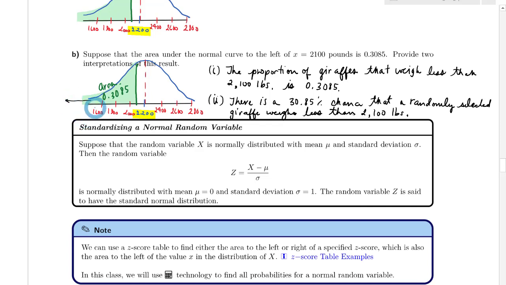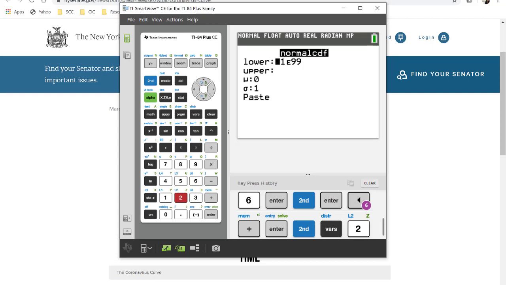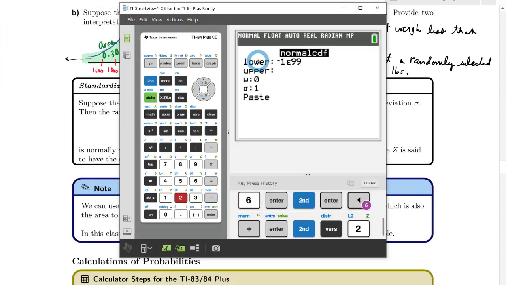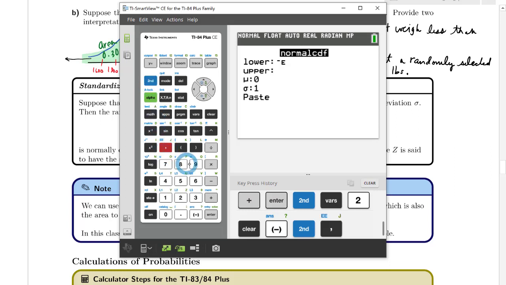So let's go to the calculator. The lower is, let me clear this out, you could either do negative second E, which is this double E where the comma is. So you would do second comma 99. Or if you want to see a number, I usually put -1 second comma with the E99.